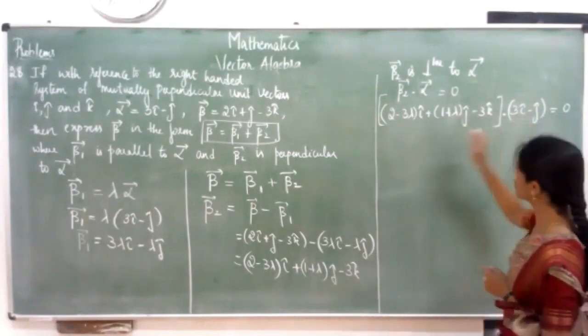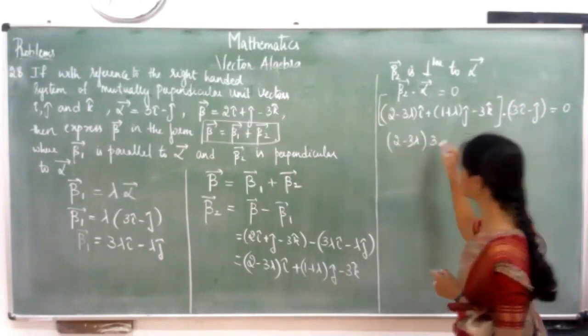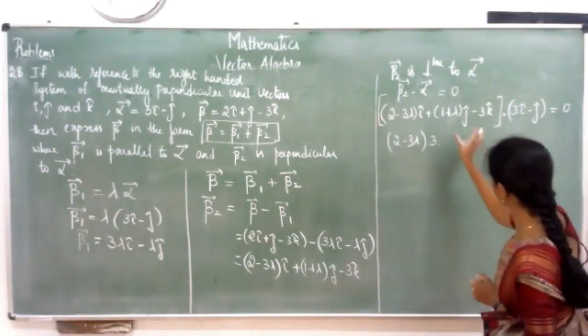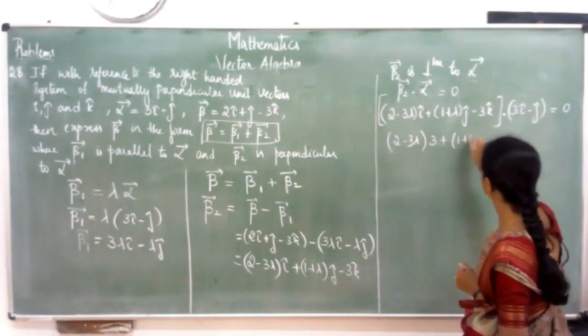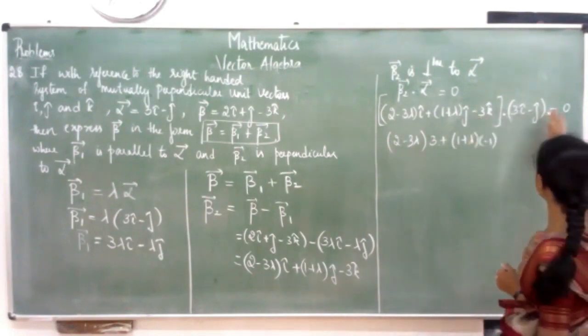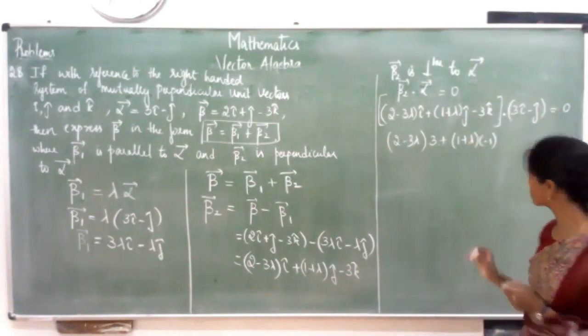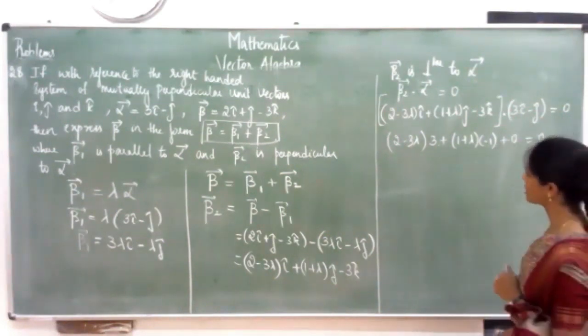So this into this, you get 2 minus 3 lambda into 3, since i dot i is 1. Next, 1 plus lambda into minus 1. Then minus 3, here the k component is not there, therefore it is 0. So this will be plus 0 is equal to 0. Let us simplify.